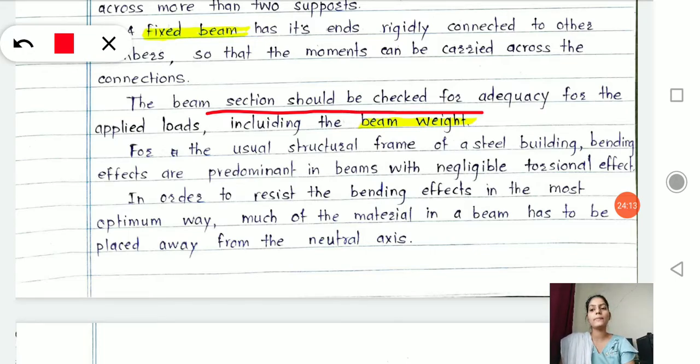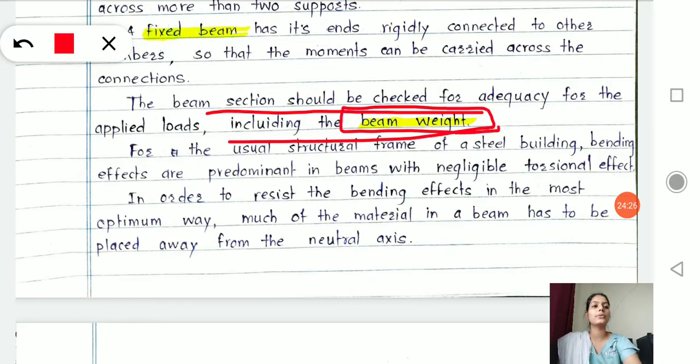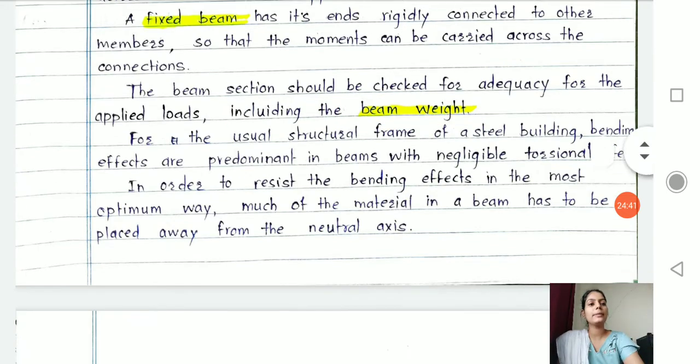Applied loads means the live load and dead load coming upon our section, which are applied externally, but it should also include the beam weight, because a beam spanning long spans with great dimensions has considerable weight, and we should include that weight in the dead load. Understood? That is very important.